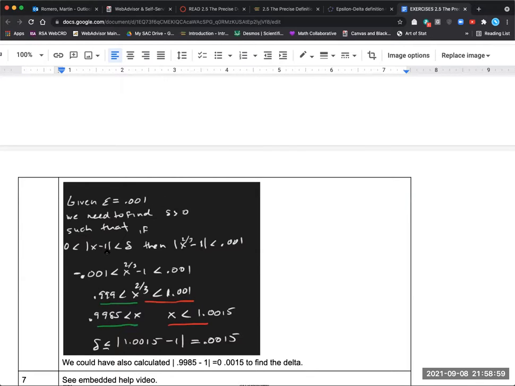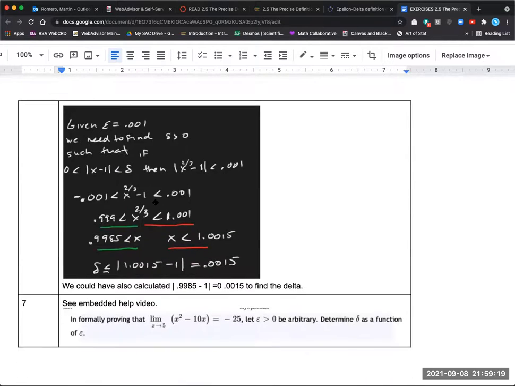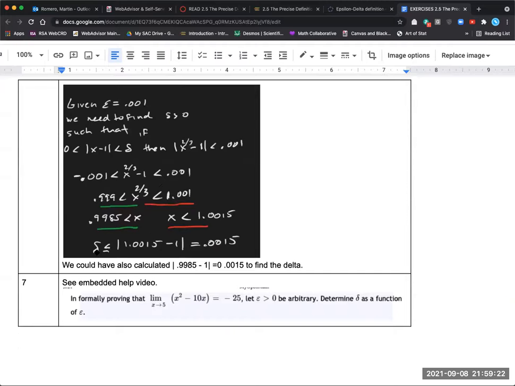As x approaches some value, it should be less than delta, meaning I'm getting closer and closer. Then my function is getting closer and closer to the limit. How close? 0.001. Remember, the limit was equal to 1. As x approaches 1, our limit is 1 also in this case. So again, you would use the mathematics to find which value of delta.